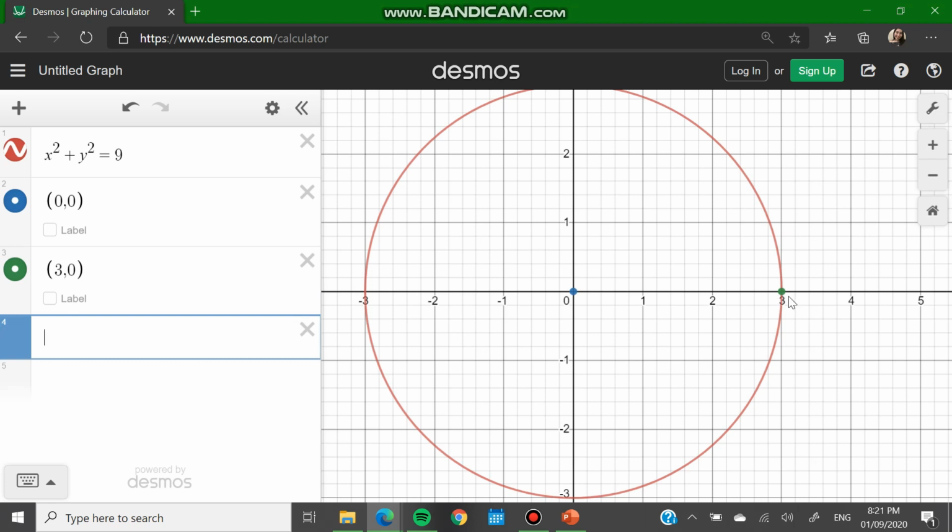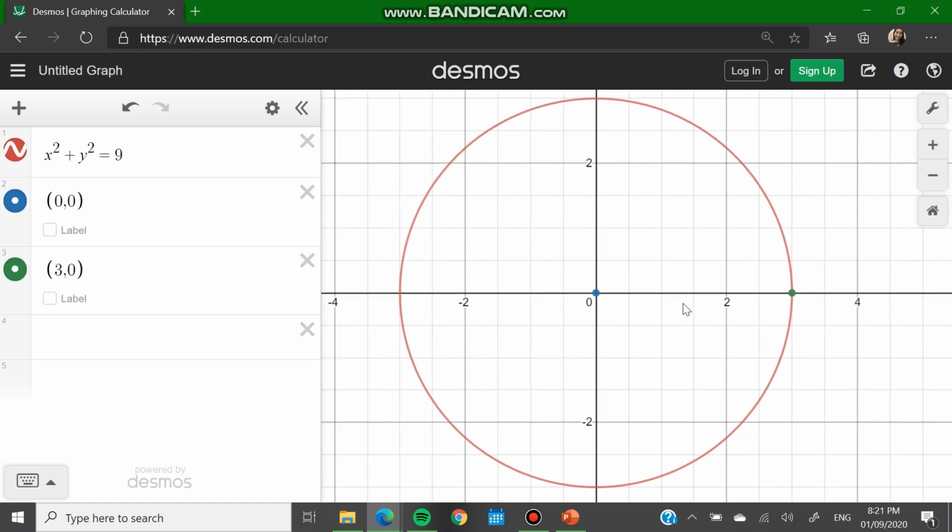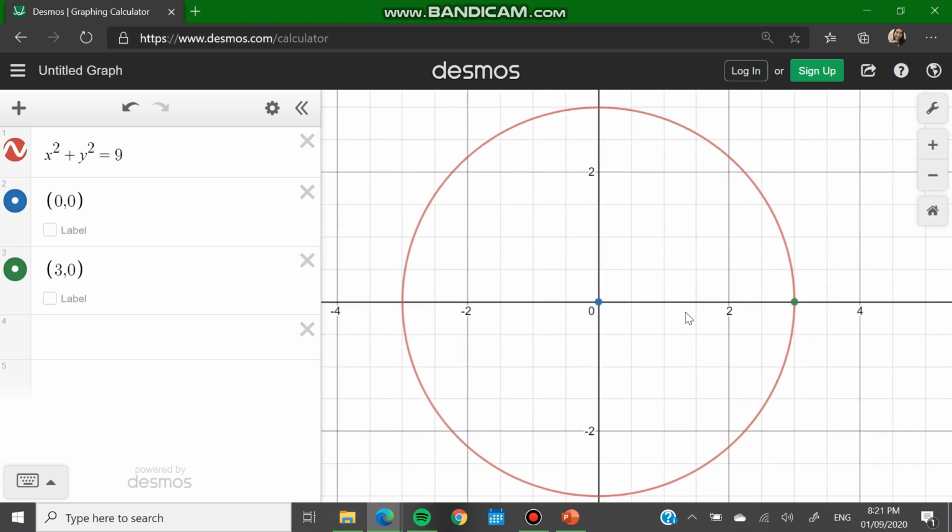From (3, 0) going to the center (0, 0), there will be 3 units: 1, 2, 3. So the radius is equal to 3. So that's how you graph using Desmos. You can also do this using GeoGebra, and you will still get the same graph.